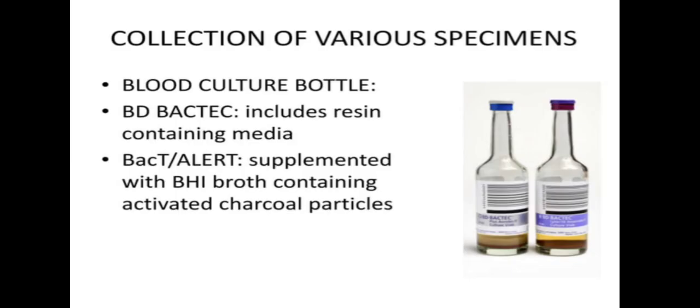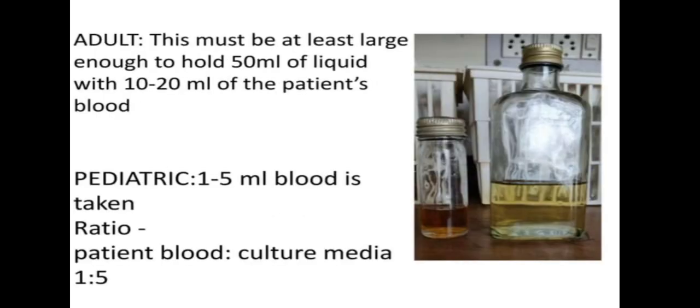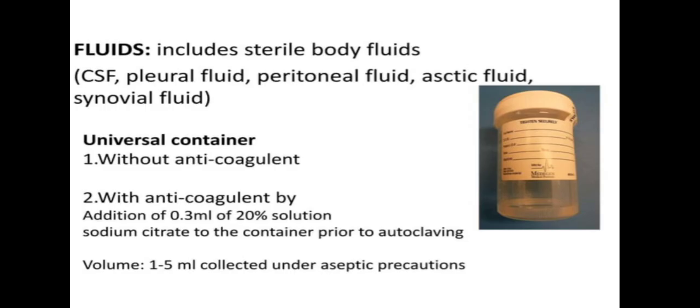For the collection of various specimens, for blood culture bottles, we have to provide BD Bactec and BacT/Alert. For CSF, pleural fluid, pericardial fluid, ascitic fluid, or synovial fluid, we require a universal container, with anticoagulant.